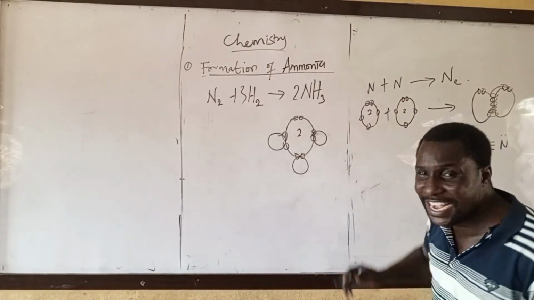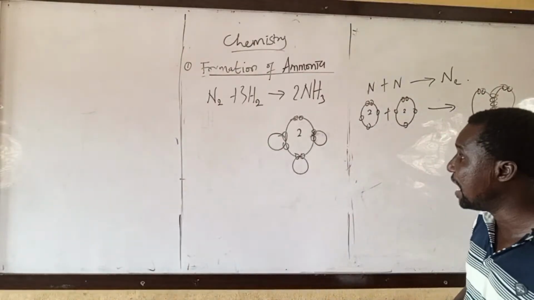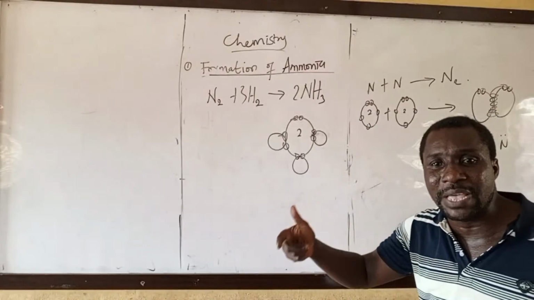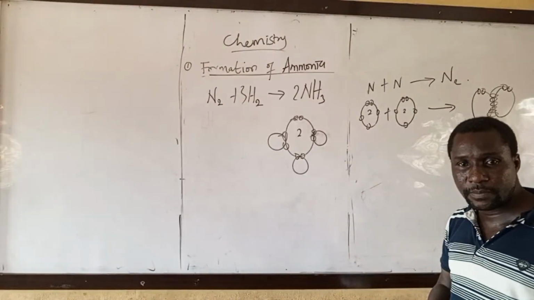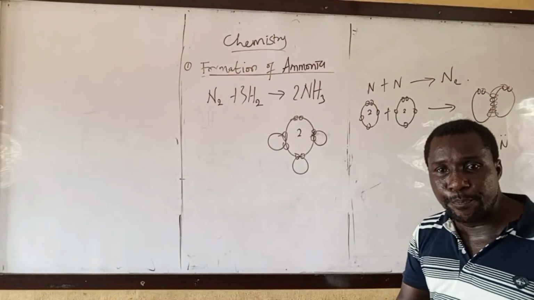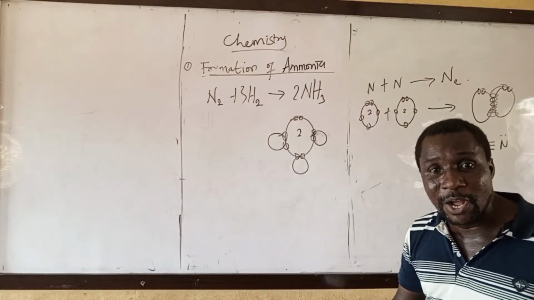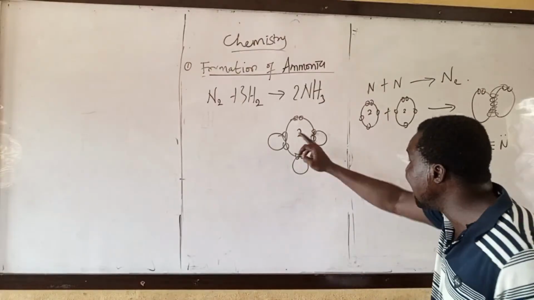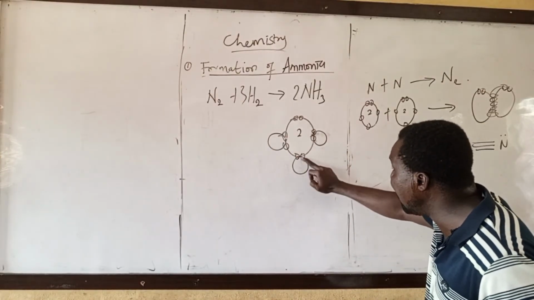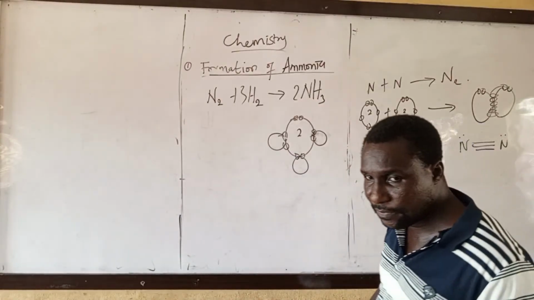In ammonia, how many shared paired electrons do we have? 3. How many lone pairs? Bond pair means shared pair, so 3 bond pairs. How many lone pairs? 1. Write it down.